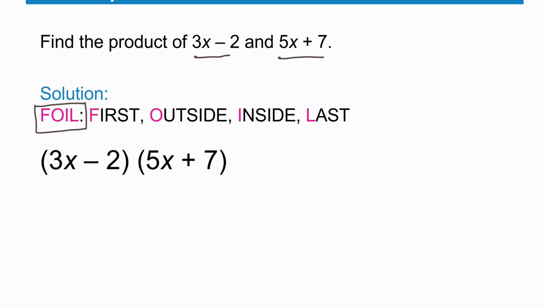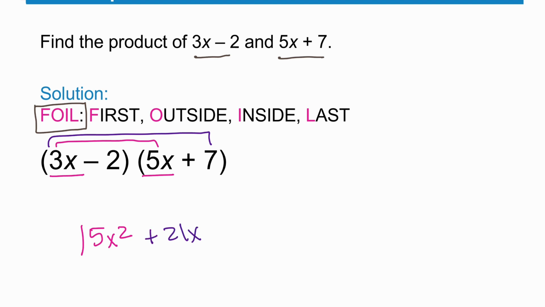First would be the two first terms. So the 3x times the 5x would give me 15x squared. Maybe I should write that lower actually. And then the outside would be the 3x and the 7, so 21x.